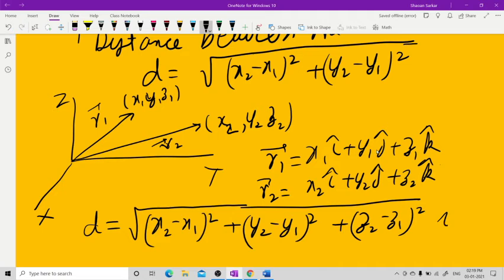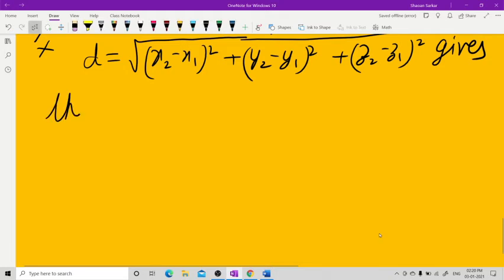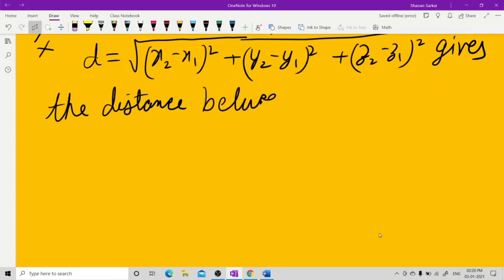This gives the distance between A and B.